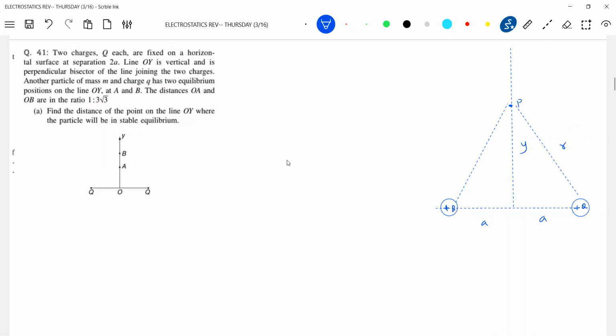I think you have to really get into some mathematics. So if this is theta, the resultant field will be like this. So let's get the expression for the resultant field. E is equal to 2KQ by R square cos theta. Cos phi, I'll write, the theta will get confused.